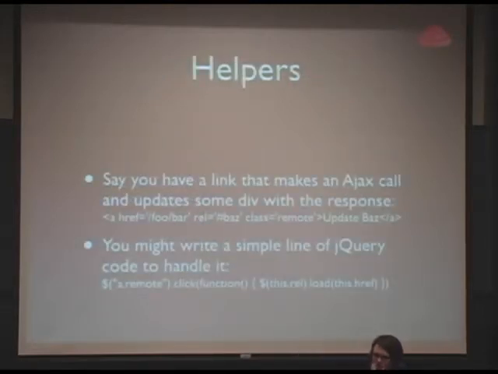The other thing that people typically ask for are helper methods. We generally don't provide them, but it's simple enough to set up. Specifically, if you wanted to make a link such that when it was clicked, it updated the element with the ID of baz with the contents of foobar, you could write a simple little chunk of functionality that locates all of these links, and when they're clicked, loads the contents into that specific element.